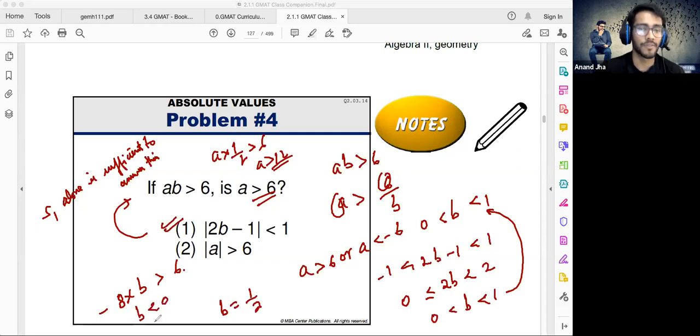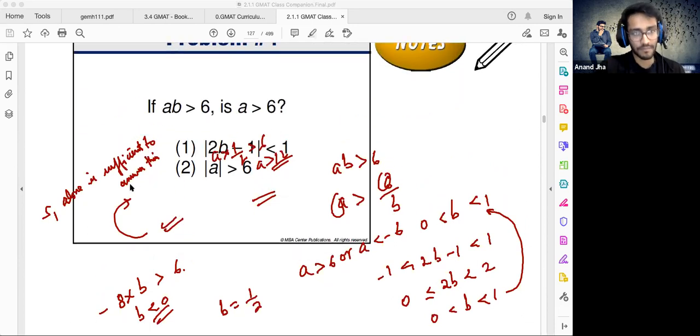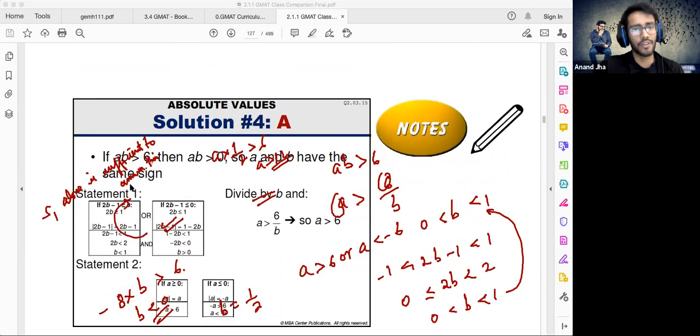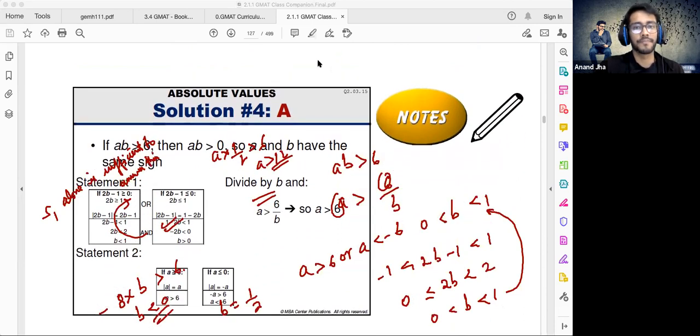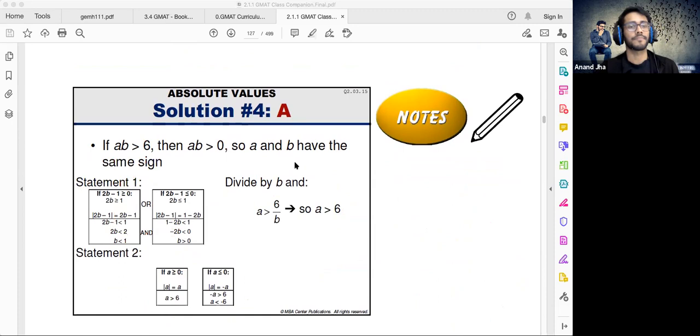B has to be less than 0. But it doesn't talk about b. So statement 1 alone is sufficient to answer the question. See, told you. Right? We did this, b less than 1, b greater than 0. So statement 1 alone is sufficient to answer the problem.